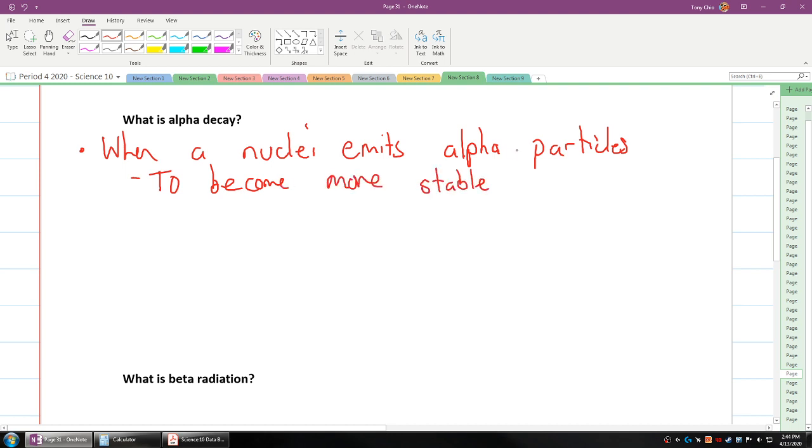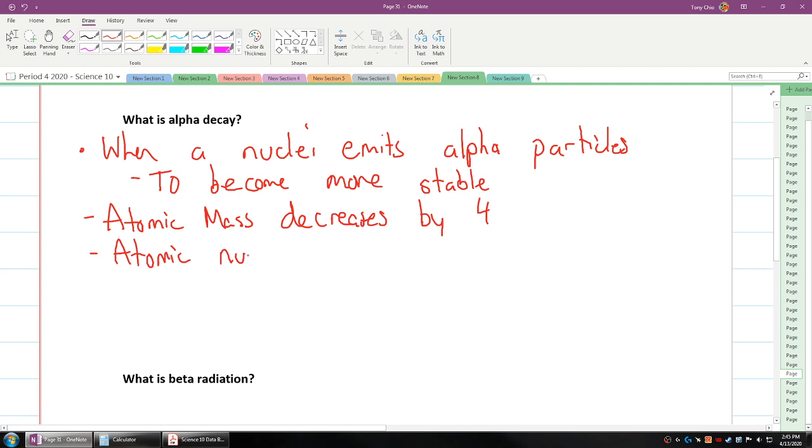Okay, now when it emits an alpha particle, because the nucleus is losing that, the atomic mass will decrease by 4, because the alpha particle is going to leave the nuclei and it's taking away 4 mass with it. Likewise, the atomic number will decrease by 2 because it's taking 2 protons with it.